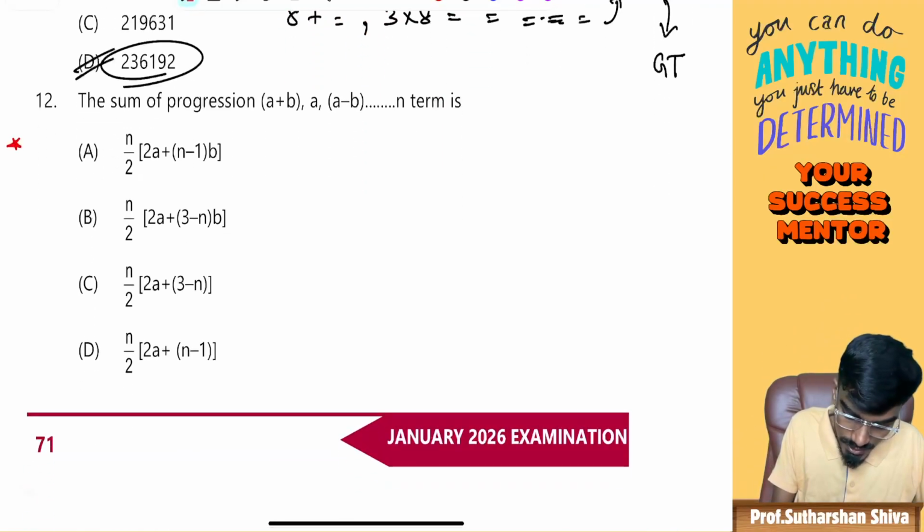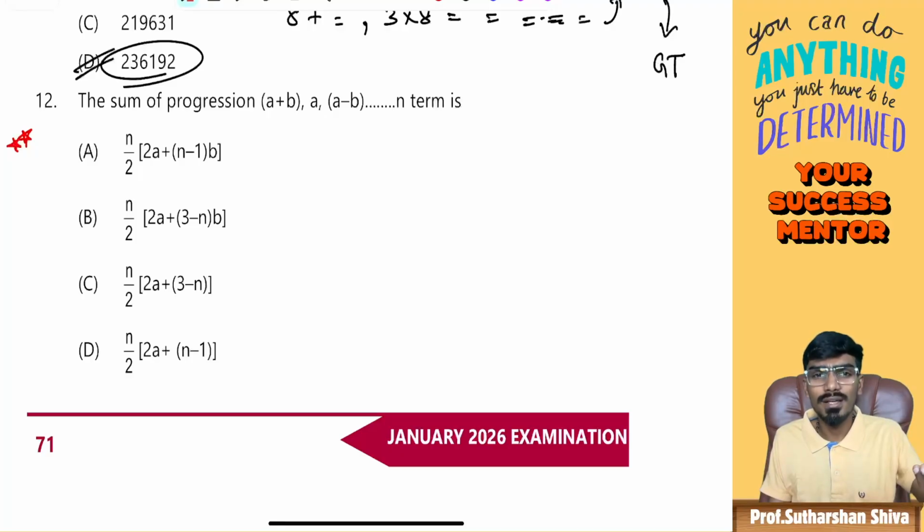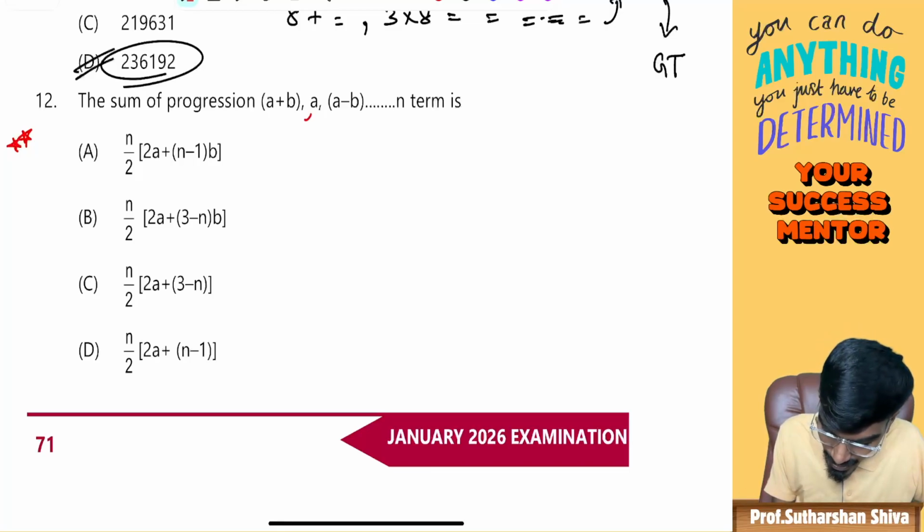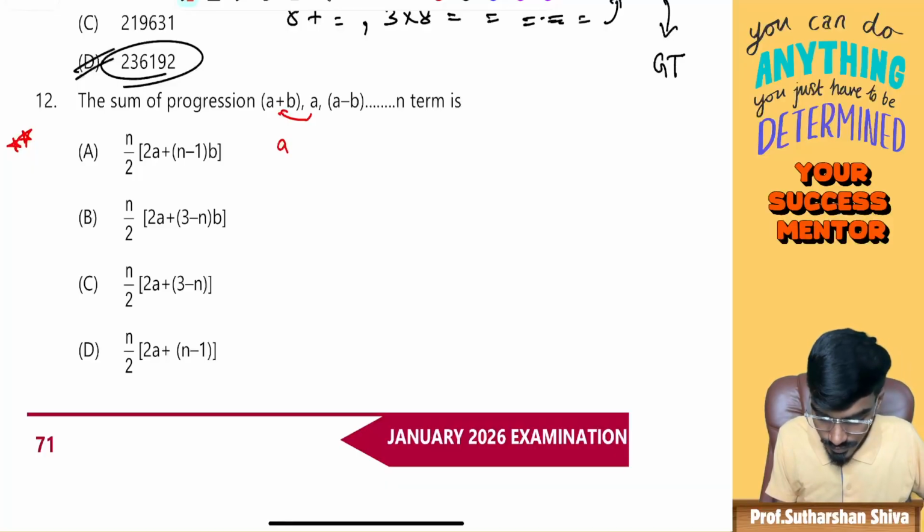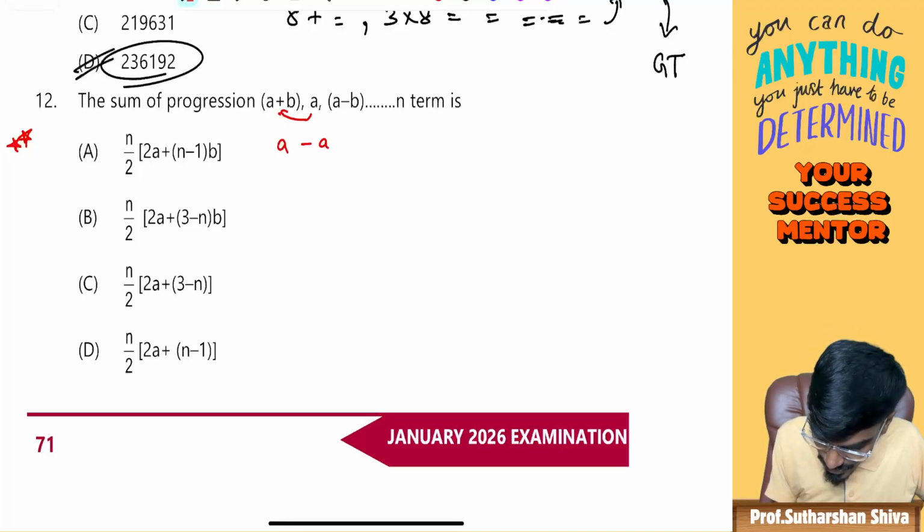Interesting question, guys. The sum of a progression a plus b, a minus b of n terms is given. We know what the common ratio is, what the progression is. AP is nothing but forward term minus backward term. GP is forward term by backward term. Now going with forward term minus backward term: a minus a plus b, a gets cancelled.